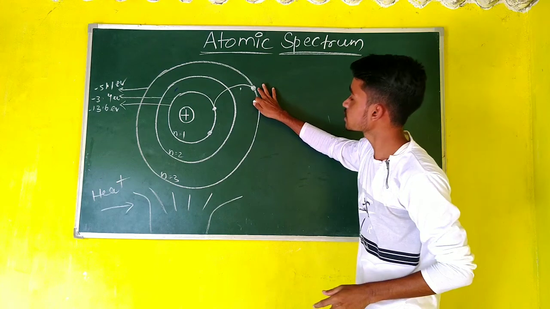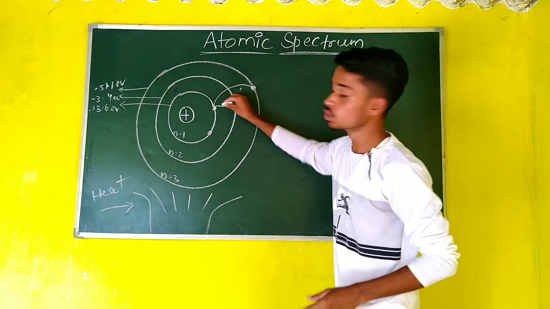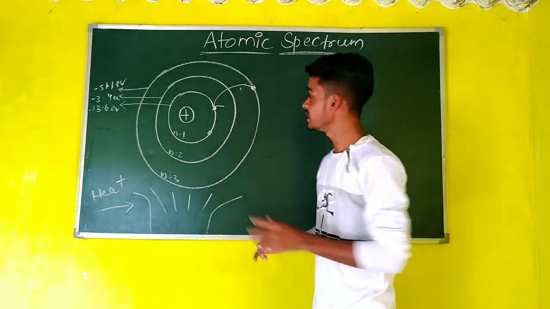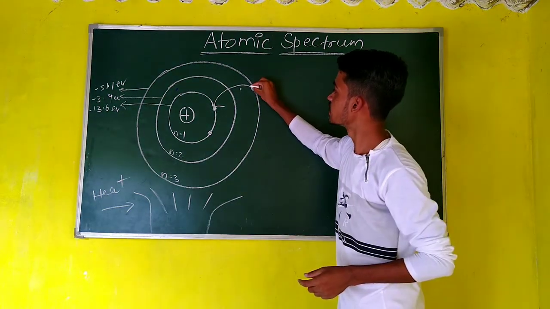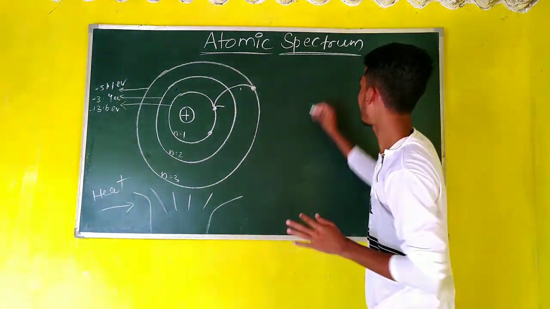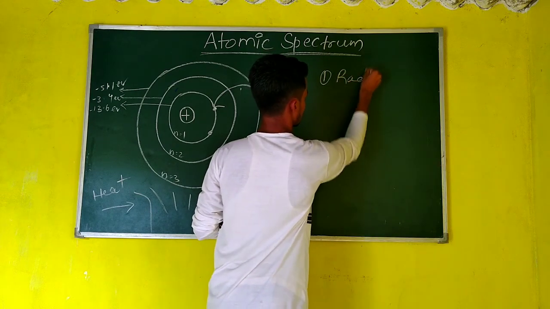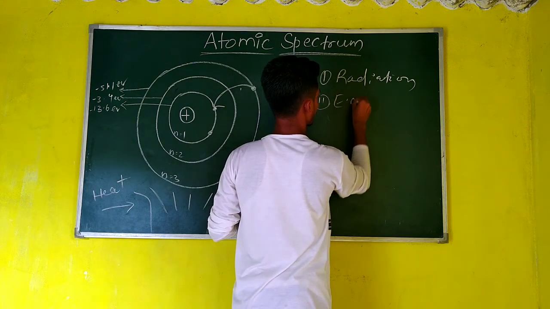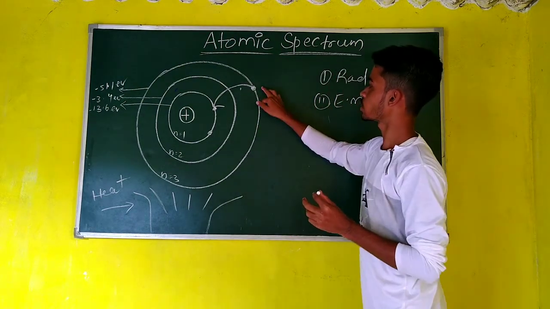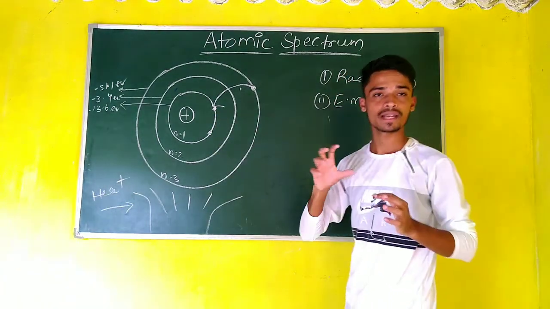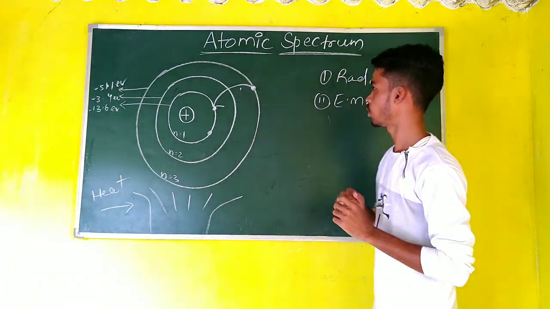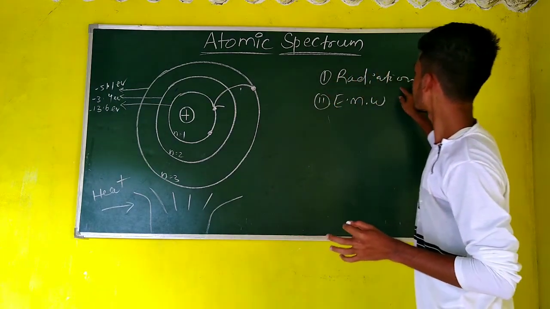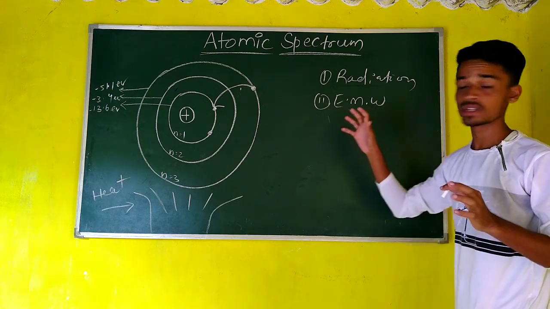So the electron returns back to its original position, and the absorbed energy is emitted when the electron returns, in the form of radiation or electromagnetic wave. Some radiations or electromagnetic waves are released.